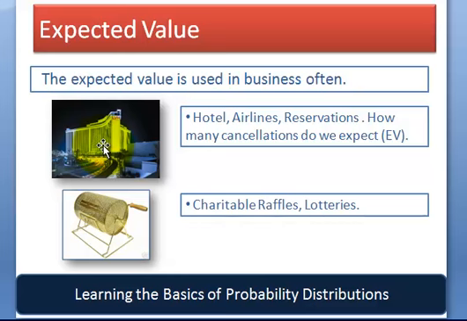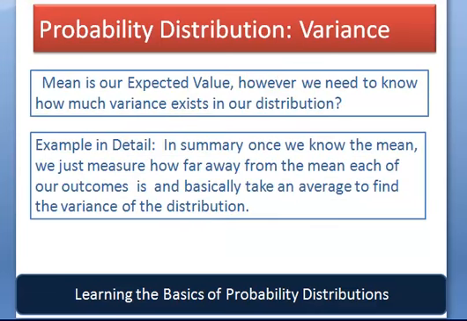And it gets very sophisticated. It might change. It might go up in the summertime. Also used for raffles or lotteries. What should the prize be? Can I afford to give away a car? Well, what is my expected value over this?